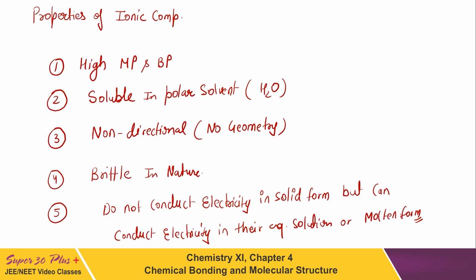Because in the molten form or in water, their ions are free to move in any direction. Alright. So these are some properties of the ionic compound, and this is all about the ionic compound.